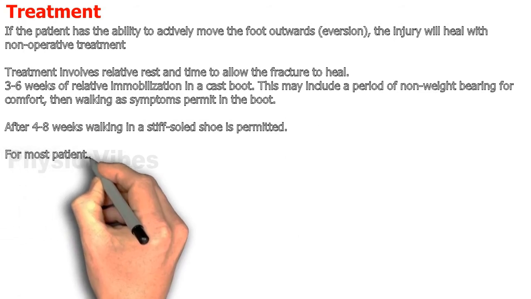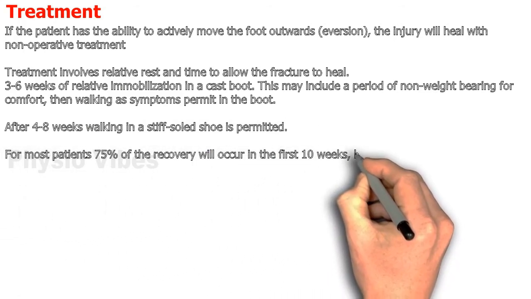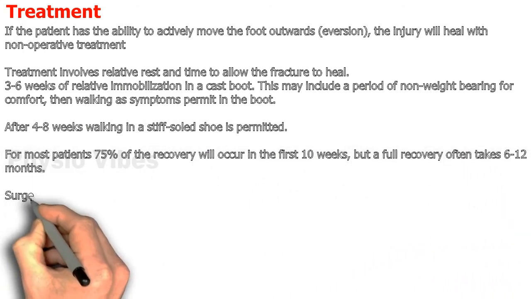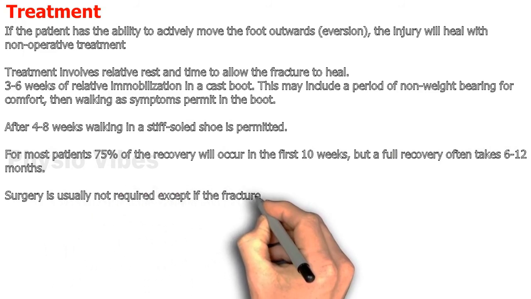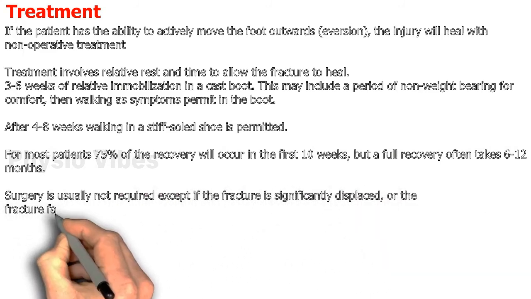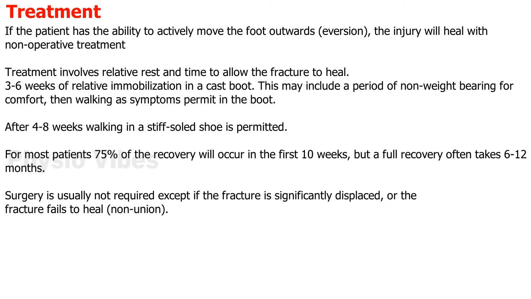After 4 to 8 weeks, walking in a stiff-soled shoe is permitted. For most patients, 75% of the recovery will occur in the first 10 weeks, but a full recovery often takes 6 to 12 months. Surgery is usually not required except if the fracture is significantly displaced, or the fracture fails to heal, a non-union.